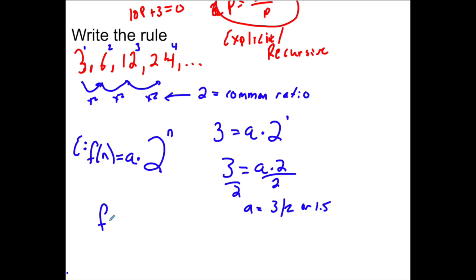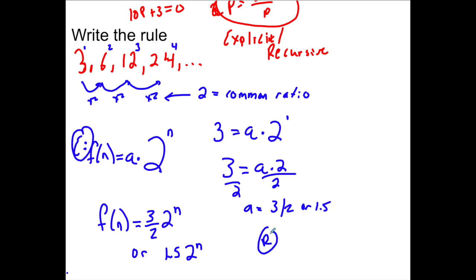So my final explicit rule is f of n equals 3 over 2 times 2 to the power of n, or 1.5 times 2 to the power of n. Either one of those would work. This is the explicit.